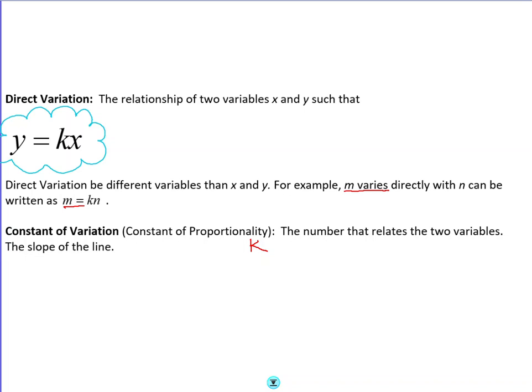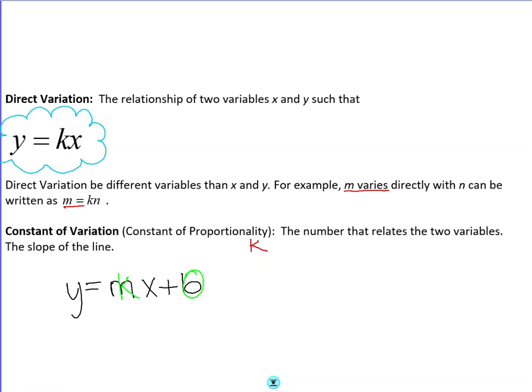If you remember back to what we did earlier this year, we talked about graphing y equals mx plus b. m was our slope and b was our y-intercept. y equals k times x is similar to this equation, except b is 0, and instead of using the letter m for the slope, we have the letter k.